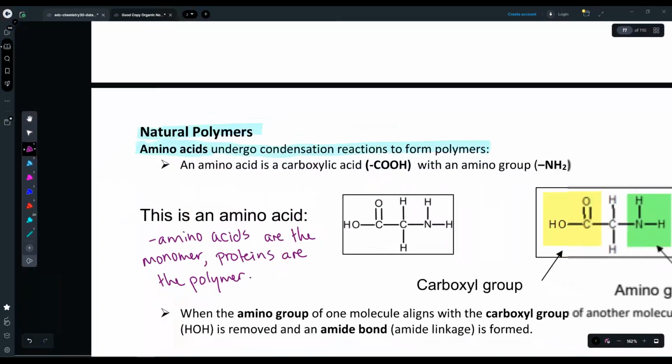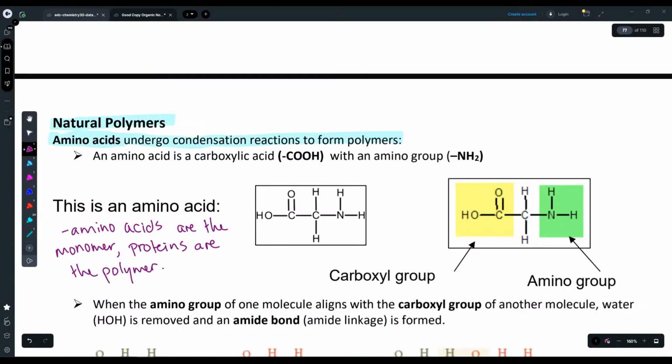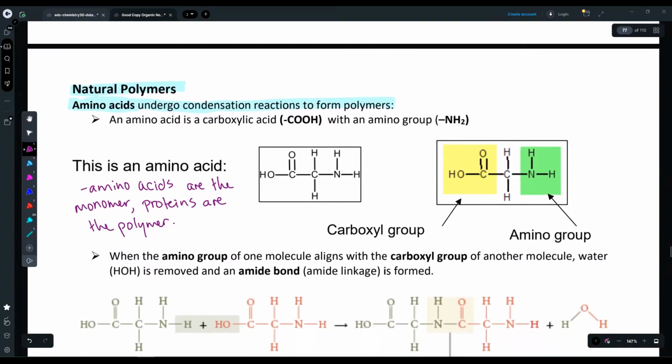So you have multiple amino acids joining together in order to form proteins, which is the polymer.